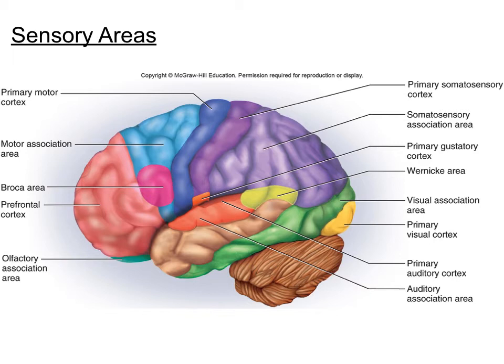That sulcus is very important because anterior to that sulcus is a very special fold called the precentral gyrus. Posterior to that sulcus is a really important fold called the postcentral gyrus. And when you're trying to find your primary somatosensory cortex, it is located in the entire postcentral gyrus of your parietal lobe.